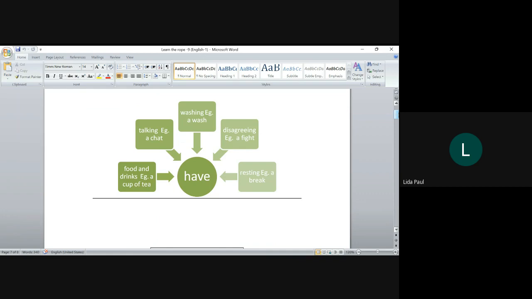So any nominal word that is related to foods and drinks can be used along with have. And when you say that, what happens? The meaning is mostly generated only by the noun, whether that's cup of tea or juice or burger or whatever you're saying. Have has a very inert function there.